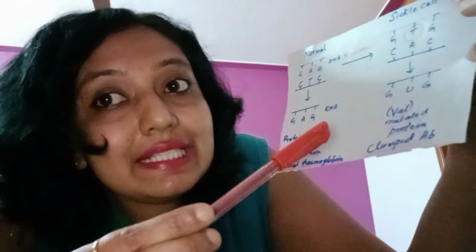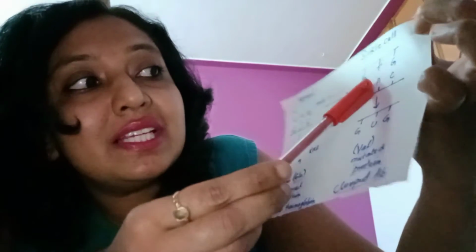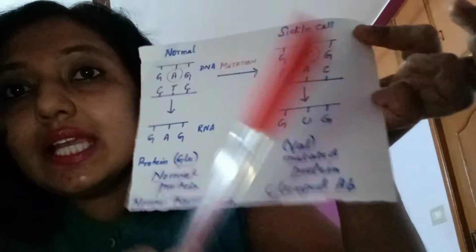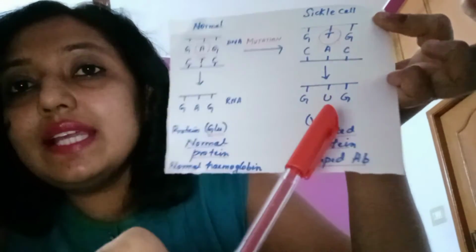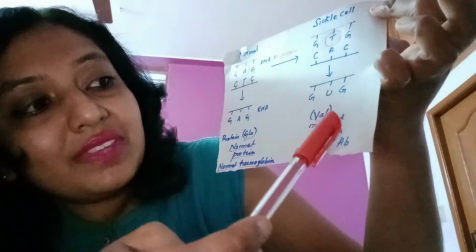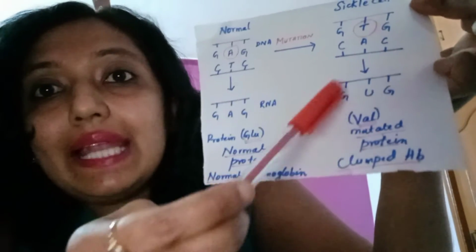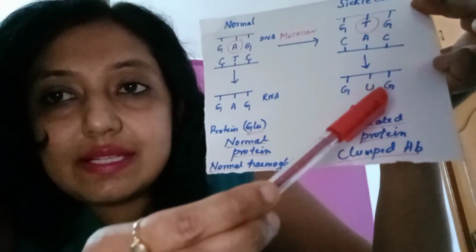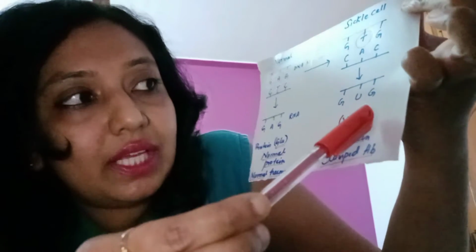But in sickle cell anemia, due to the point mutation, the gene becomes GTG. This is the defective gene, resulting in the formation of a defective protein. Instead of glutamic acid, valine is formed. That is a defective, mutated protein.